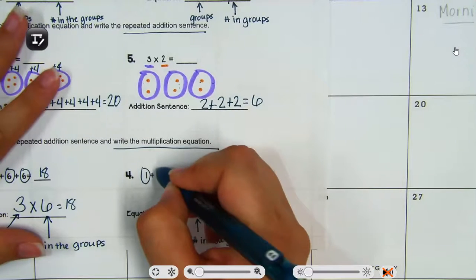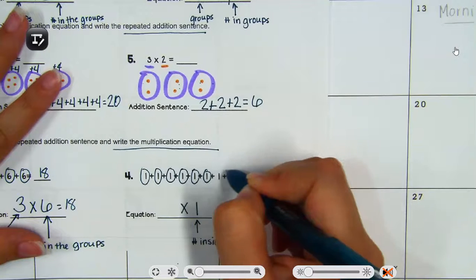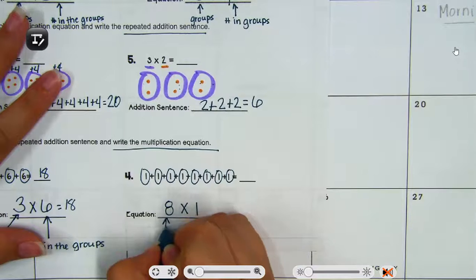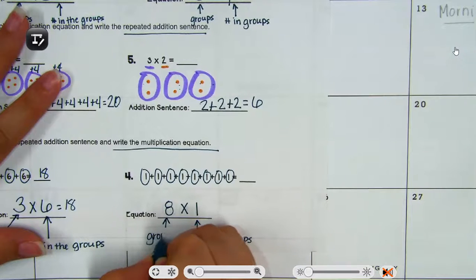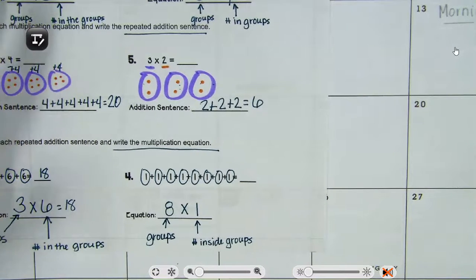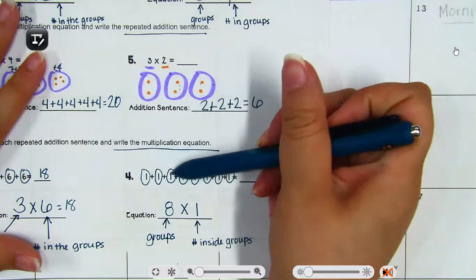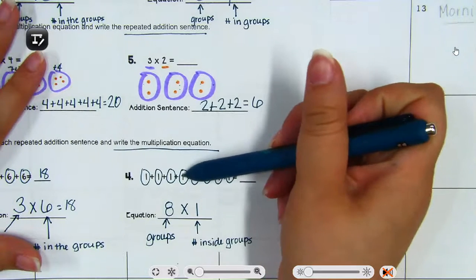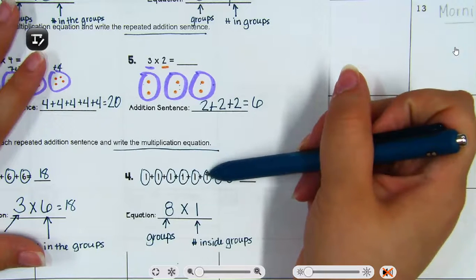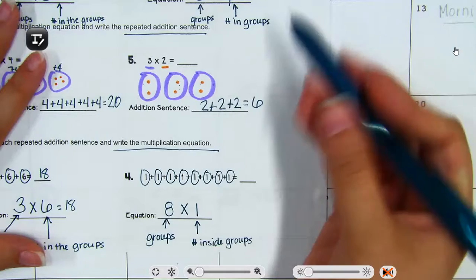Okay. And then I'm going to circle to make my groups. So I'm going to say 1, 2, 3, 4, 5, 6, 7, 8. So I have 8 groups. Okay. And so let's count. 1 plus 1 is 2, 2 plus 1 is 3, 3 plus 1 is 4, 4 plus 1 is 5, 5 plus 1 is 6, 6 plus 1 is 7, and 7 plus 1 is 8.